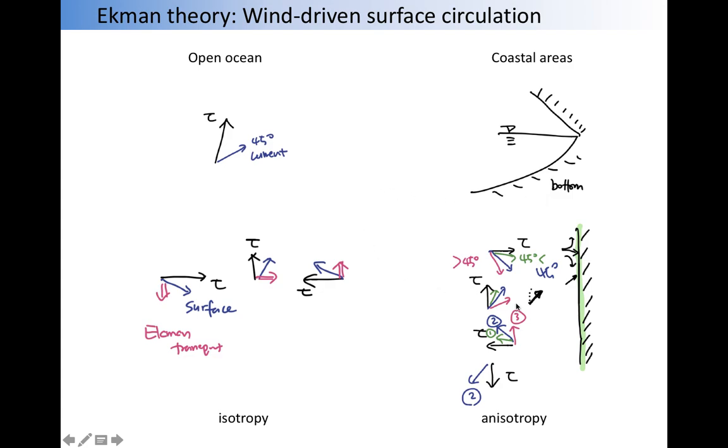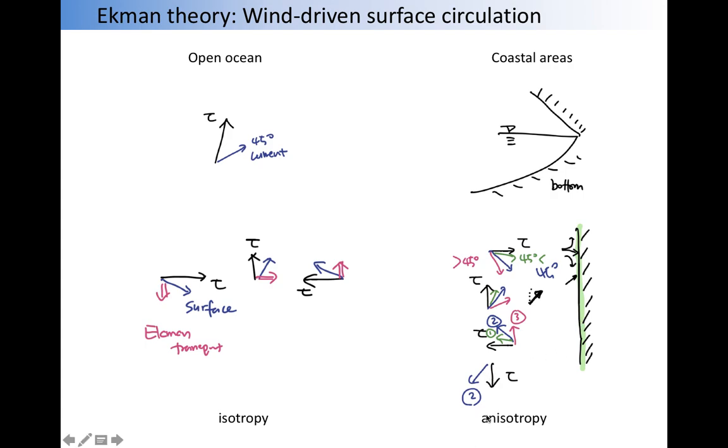But how can you explain this with the equation? This is Ekman theory. You can apply it wherever, for whichever direction of wind, there will be a 45-degree surface current. Why do I keep saying not 45? Here is the reason.